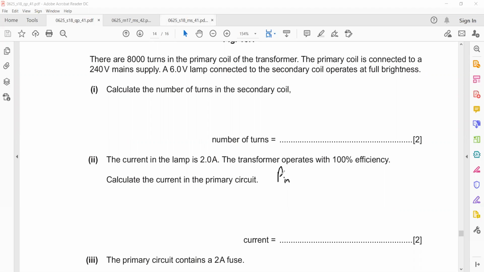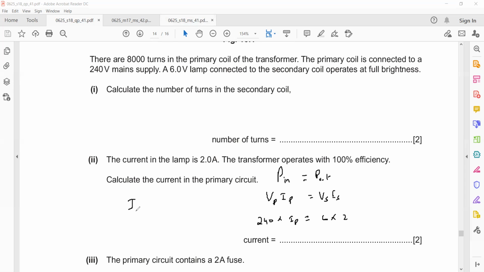The input power of a transformer is equal to the output power. The input power is the voltage of the primary times the current of the primary, and the output power is the voltage of the secondary times the current of the secondary. The voltage of the primary is 240, the current of the primary we don't know, the voltage of the secondary is 6, and the current in the secondary is 2. So what is the current in the primary?